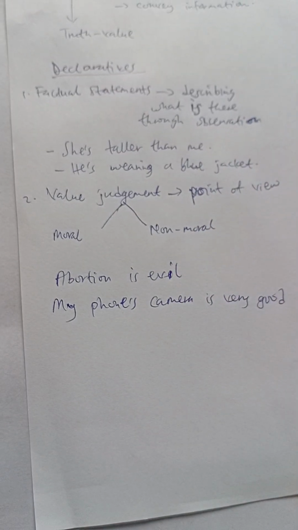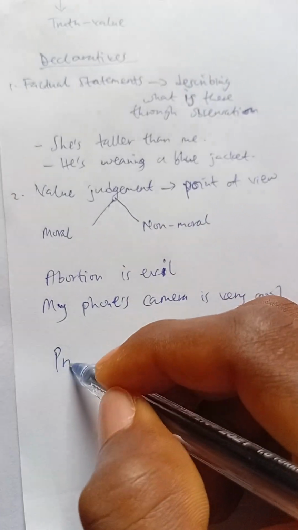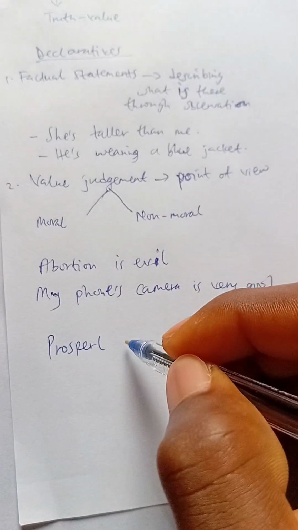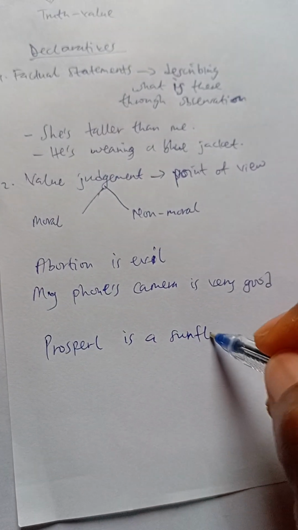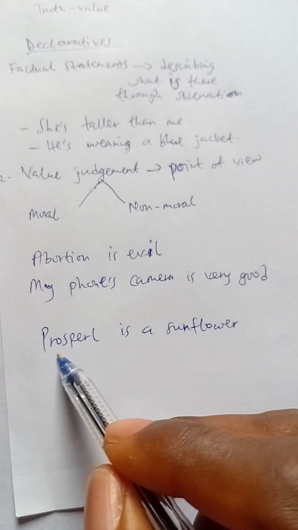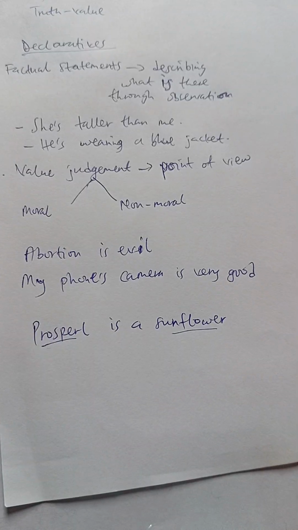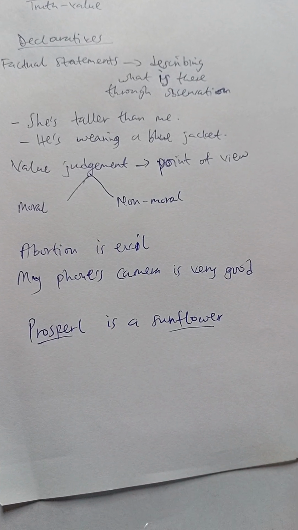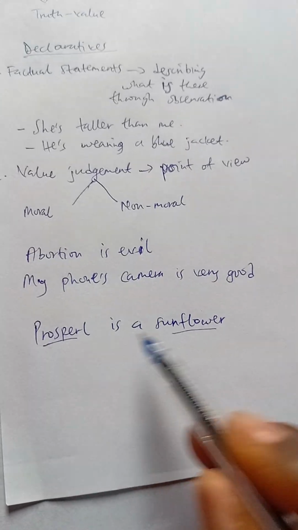Yeah, metaphors can function as value judgment. So if I say Prosper is a sunflower, then I'm comparing Prosper to a sunflower. Basically, I'm trying to say that Prosper is very, very beautiful. You see? So I'm comparing.